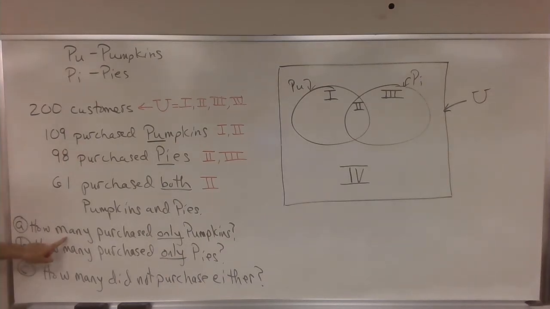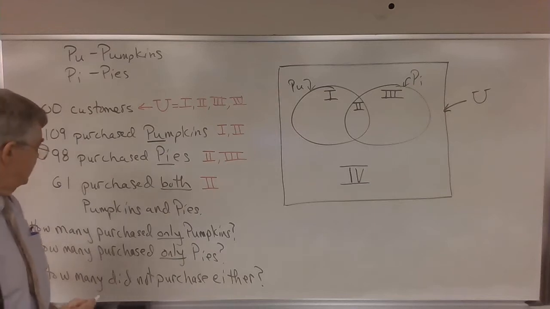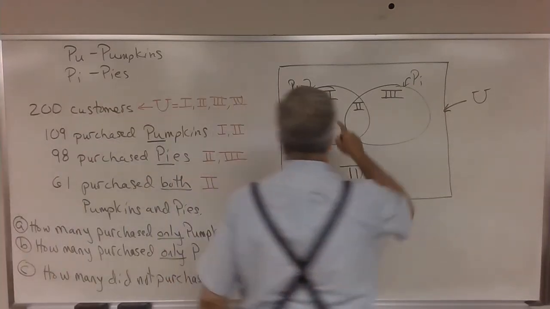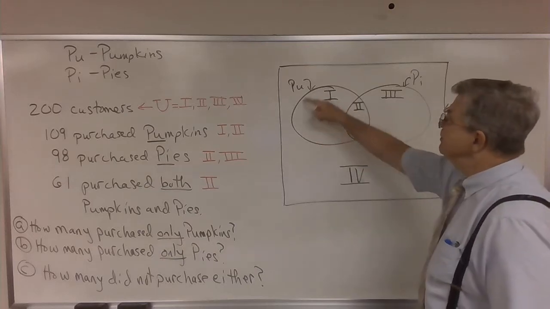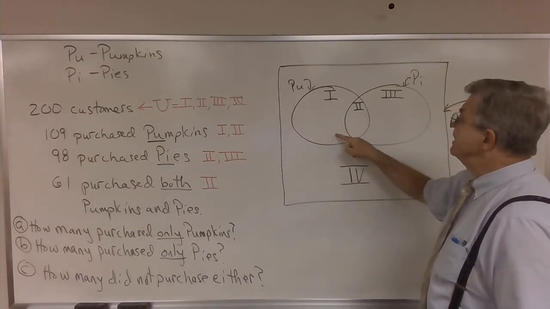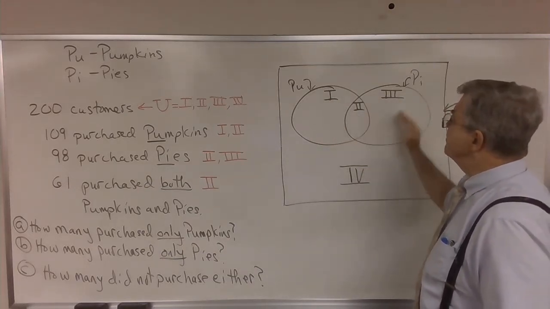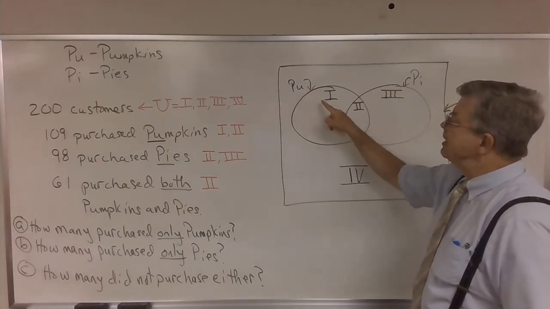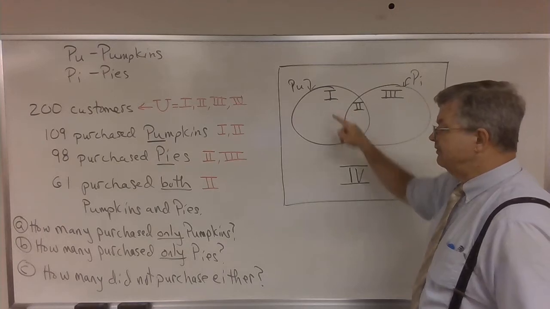How many purchased only pumpkins? In other words, they purchased pumpkins, but they didn't purchase pie. So if they purchased pumpkins, they have to be in the pumpkin circle. But if they didn't purchase pie, they can't be in the pie circle. So those who purchased pumpkins only are in section 1.